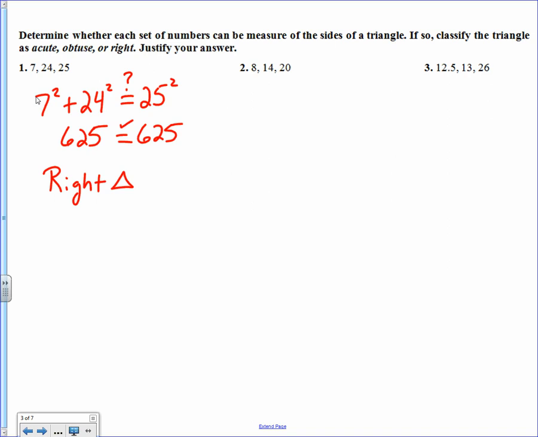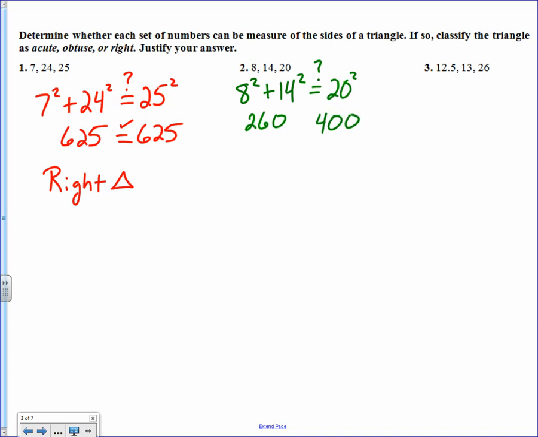All right, number 2, we have 8 squared plus 14 squared, and we want to know if that equals 20 squared. I want a question mark there. I actually don't think that this is true. 8 squared plus 14 squared is 260, but 20 squared is 400.